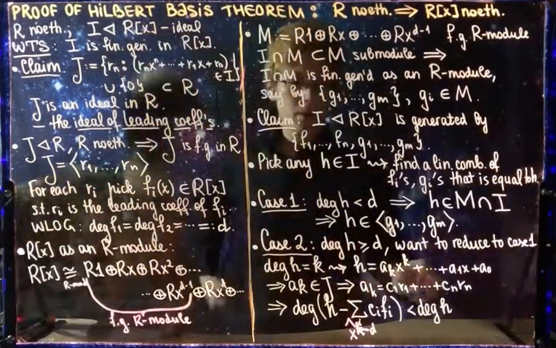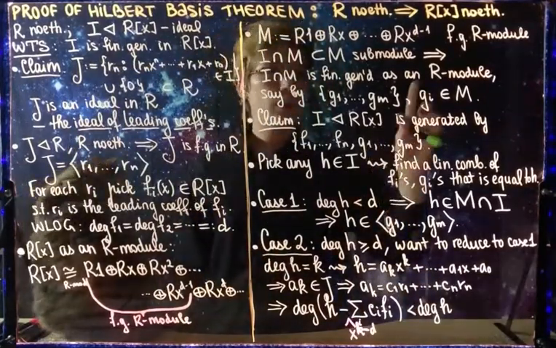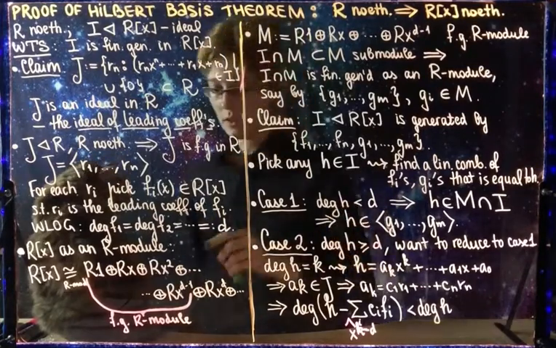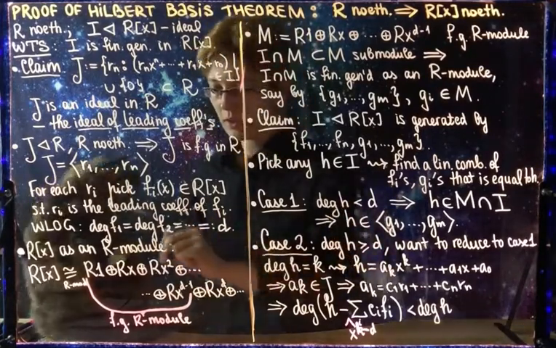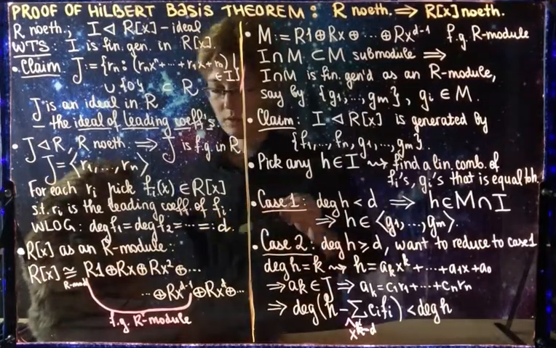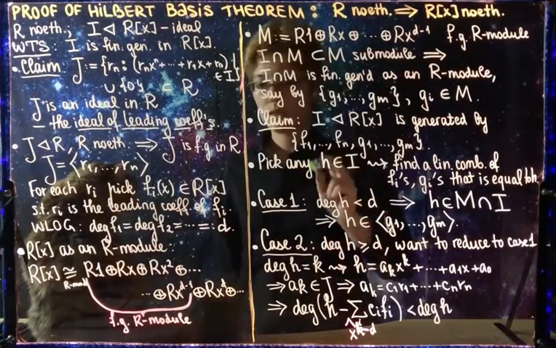And so we get the following picture. If the polynomial h has degree smaller than d, then it lives in this pink R module, and it is generated by the gi's.